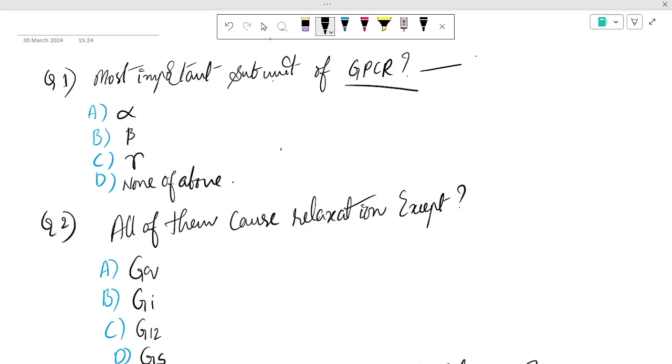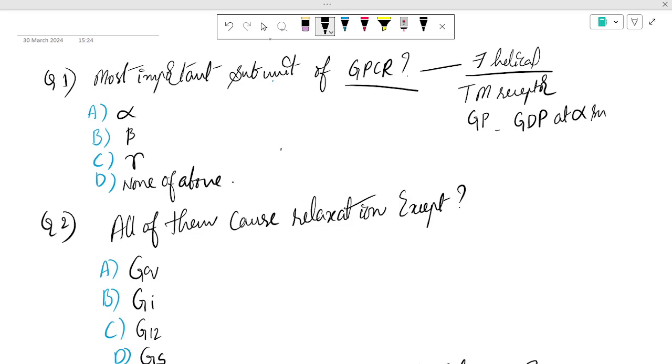GPCR is actually a 7 helical structured compound. It's a transmembrane receptor, right? So we have a G protein, where there is an attachment or presence of GDP at the alpha subunit.